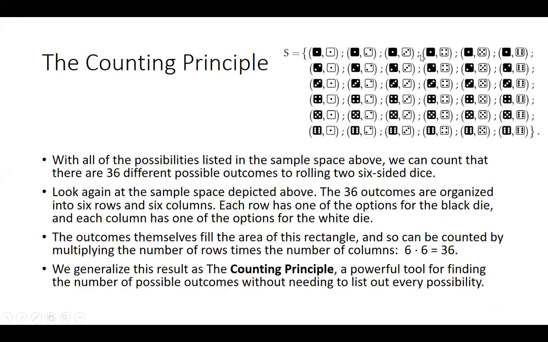Notice I didn't just count 1, 2, 3, 4, 5, and so on to get up to 36. I multiplied 6 times 6 because the 36 outcomes are organized into 6 rows and 6 columns. The outcomes themselves fill the area of this rectangle that's 6 rows by 6 columns. So 6 times 6 is 36.